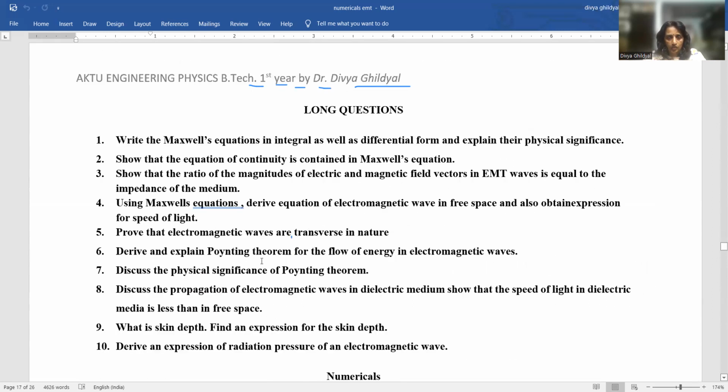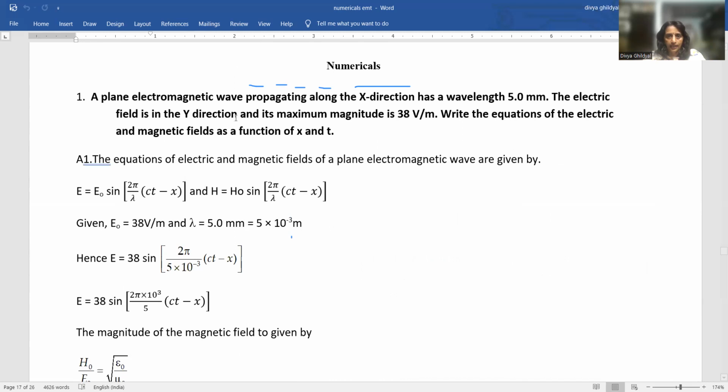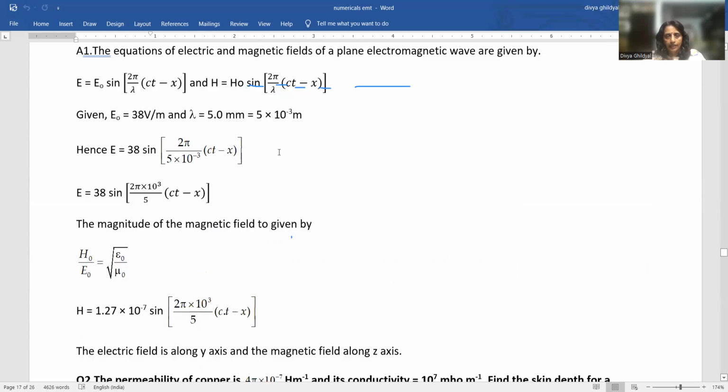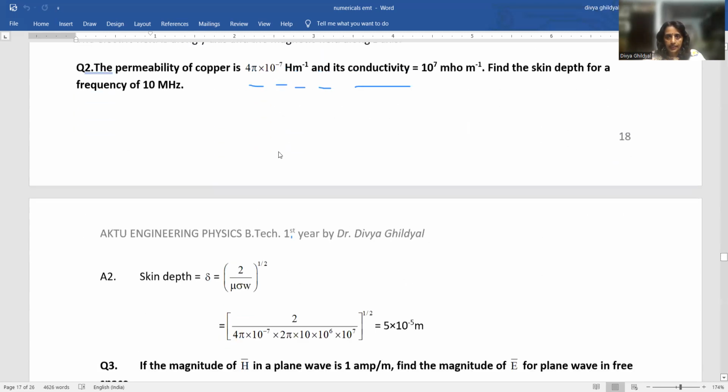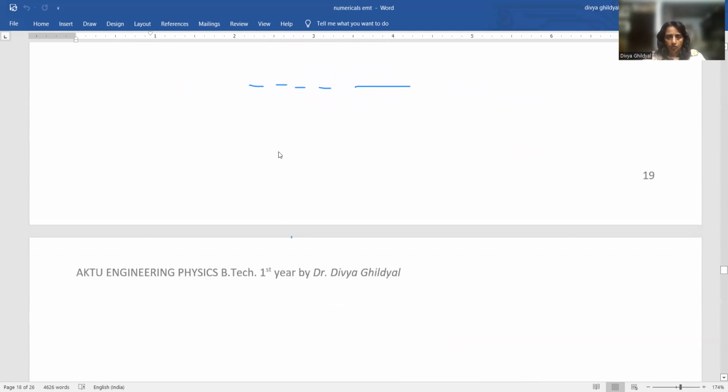And here is a long list of long questions that are approximately 10 marks each for your final exam. And here I have picked up a few more numericals from your previous year question papers, and I have given you a detailed step-by-step solution of how to solve them.